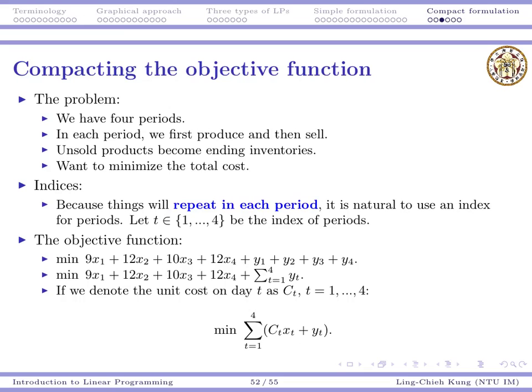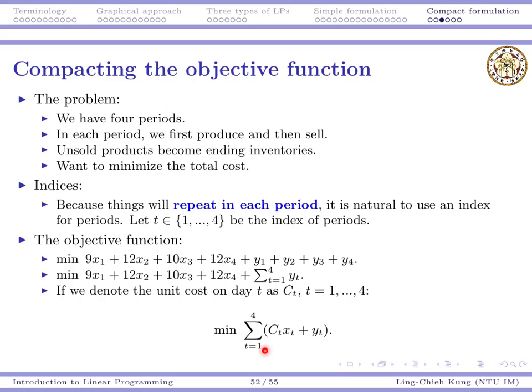And then my objective function. Originally, I have 8 terms here, right? But why should I do that? I can just combine the last 4 terms into one single term with this summation. Moreover, if I call this unit cost on day t, I give it a name c_t, then the whole thing here is nothing but one single summation, right? For t is 1, I am doing 9x1 plus y1.